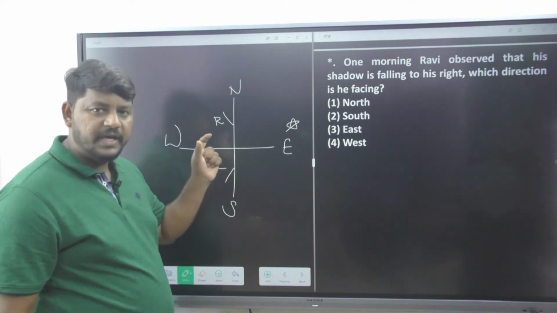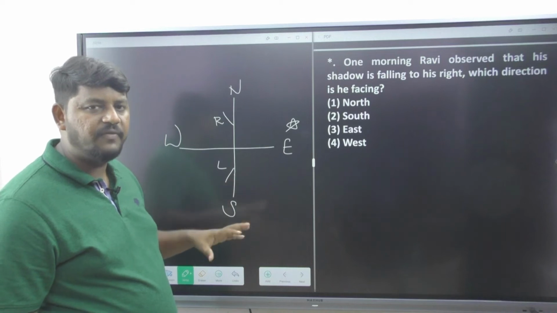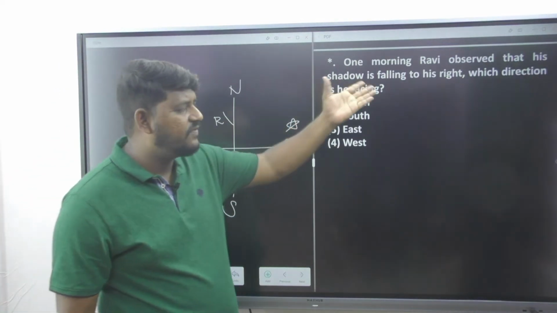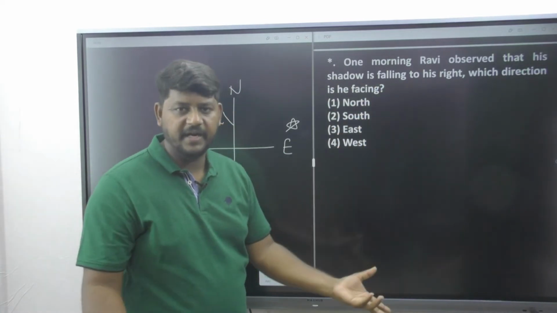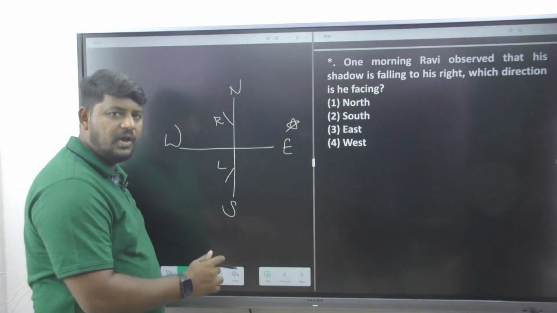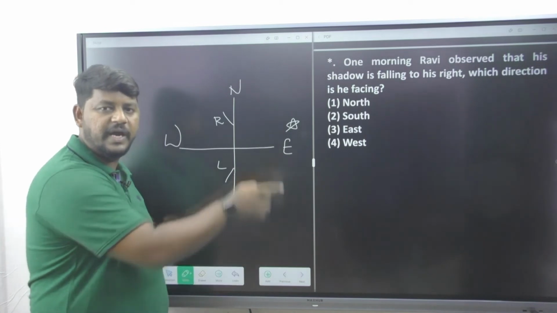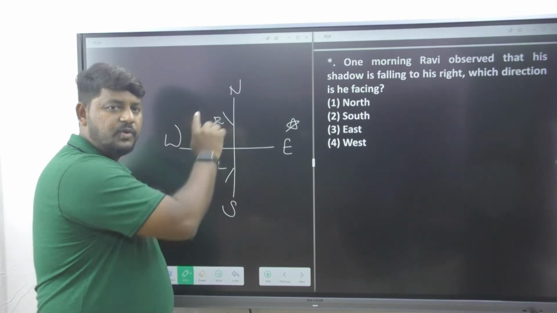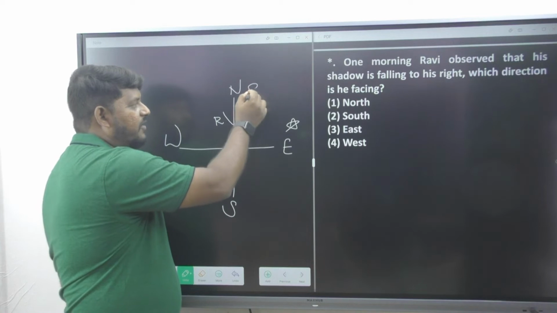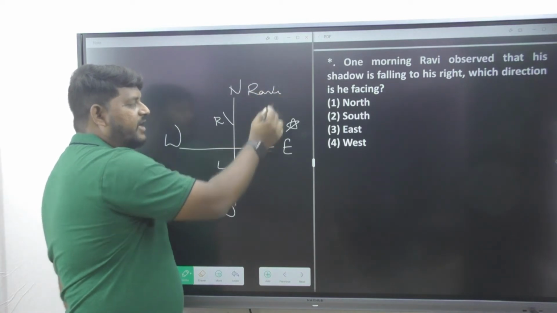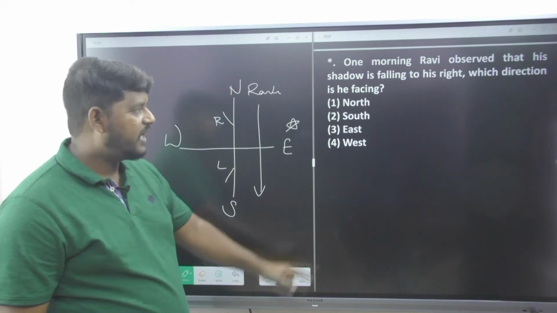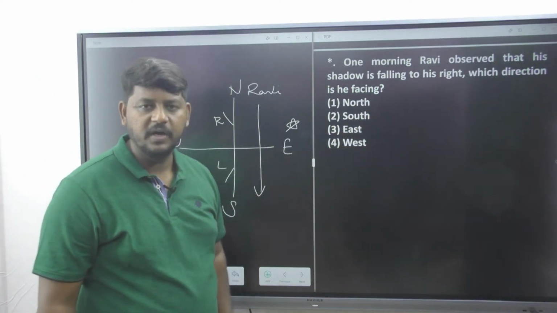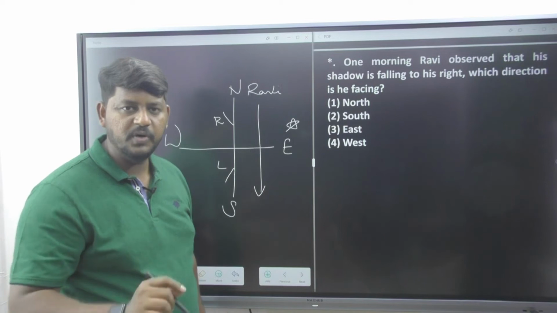Right now, the important information, where is Ravi going to come? The question itself is mentioning he is observing his shadow towards his what side? Right side. Then I cannot allow Ravi standing at south and facing towards north. I have to reverse this information. Now Ravi is going to be standing at north, but he is facing towards what direction? South direction. So my answer is what? Option number 2. I hope you understood over here.